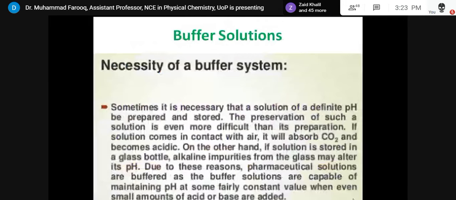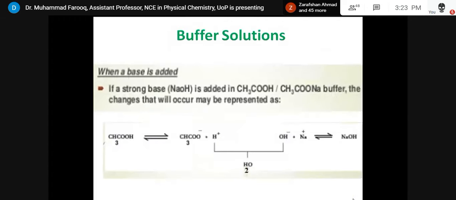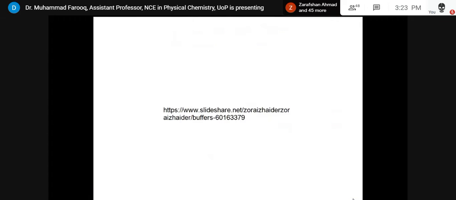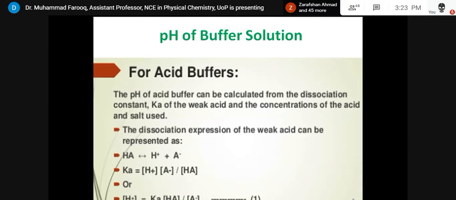So we call it the equilibrium constant. When a weak acid dissociates into H plus and A negative, the Ka, the ionic constant, is H plus times A negative divided by HA, which is the acid. Can we write or not?